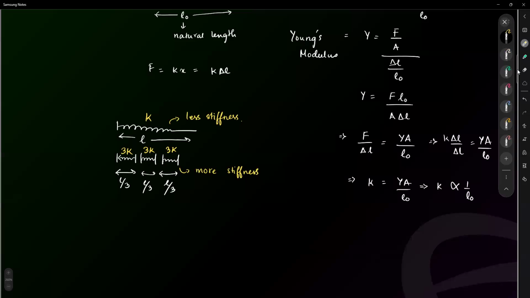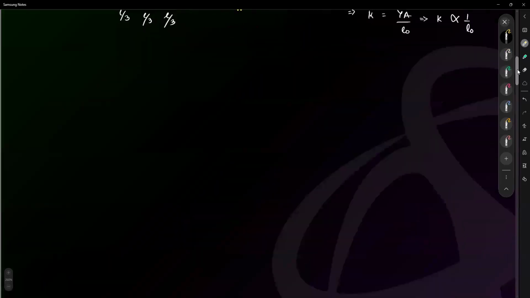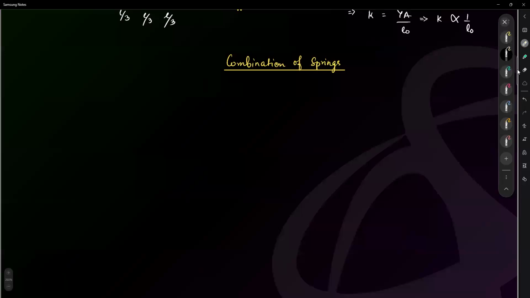Okay. Now, about combination of springs, there are 2 types of combinations. One is series and one is parallel.